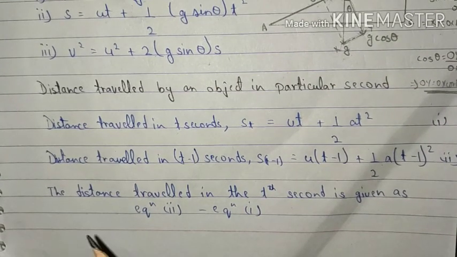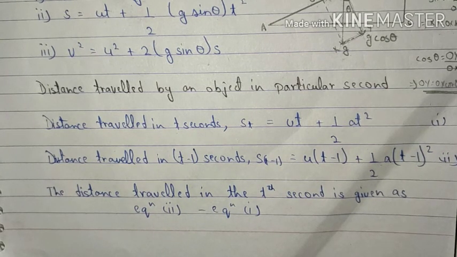Let's move to the next topic, that is distance traveled by an object in a particular second. For example, if I say that a body moving in uniformly accelerated motion completes its motion in 10 seconds, then what will you answer if the question is put: what is the distance traveled by the body in the 10th second?